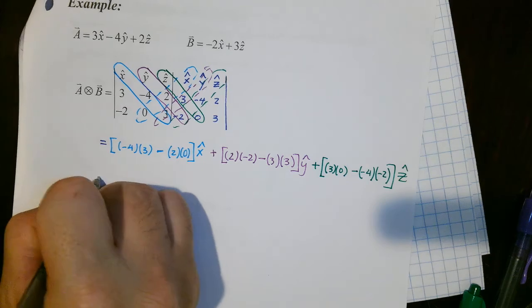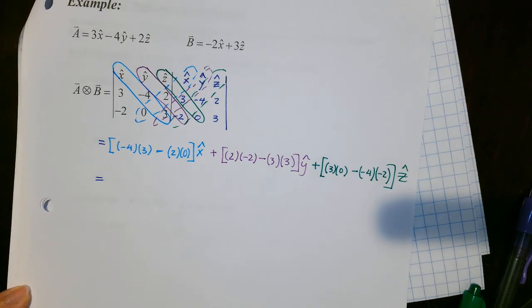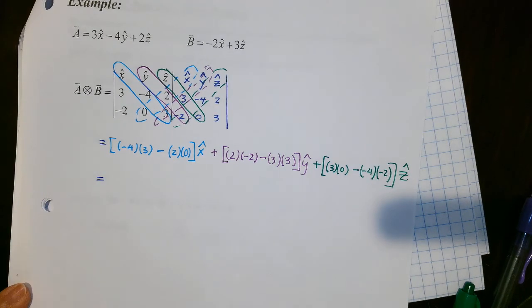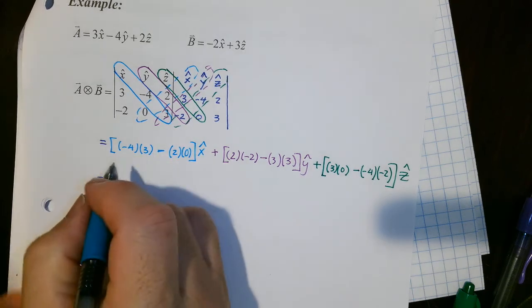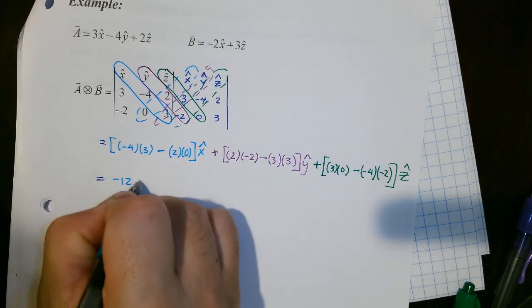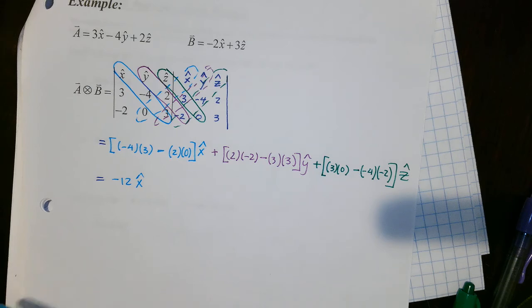So if you work it out, do all the math, I think you're going to get negative 12 minus 0, which is negative 12x hat, right?